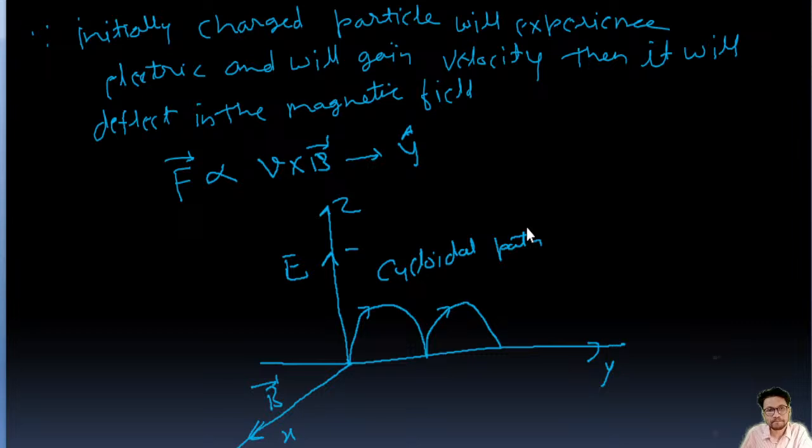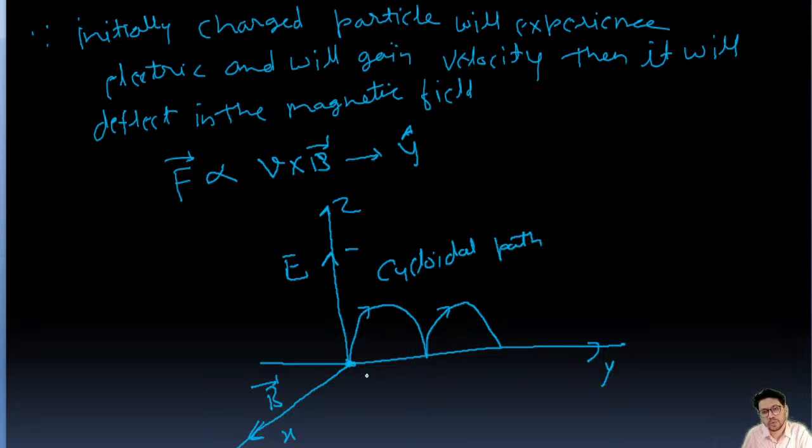So initially the particle is at the origin and its velocity is 0. Because of the electric field, it will get velocity, and it will deflect in the magnetic field B. The force will act perpendicular to velocity and B, and because of that the particle will move along a cycloidal path.